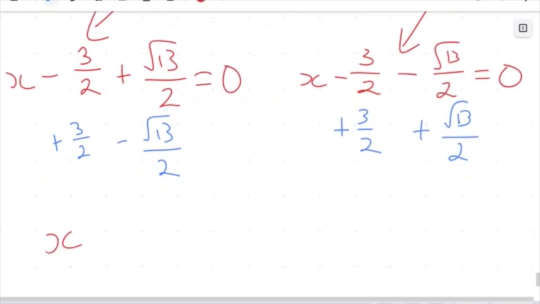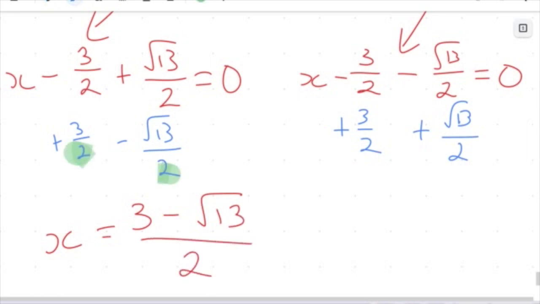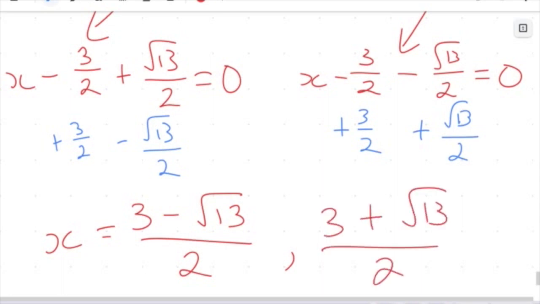So my solution is going to be x equals 3 minus root 13 all over 2, because they have the same denominator here. And we are also going to get a solution of 3 plus root 13 over 2. So those are my 2 x-intercepts here.